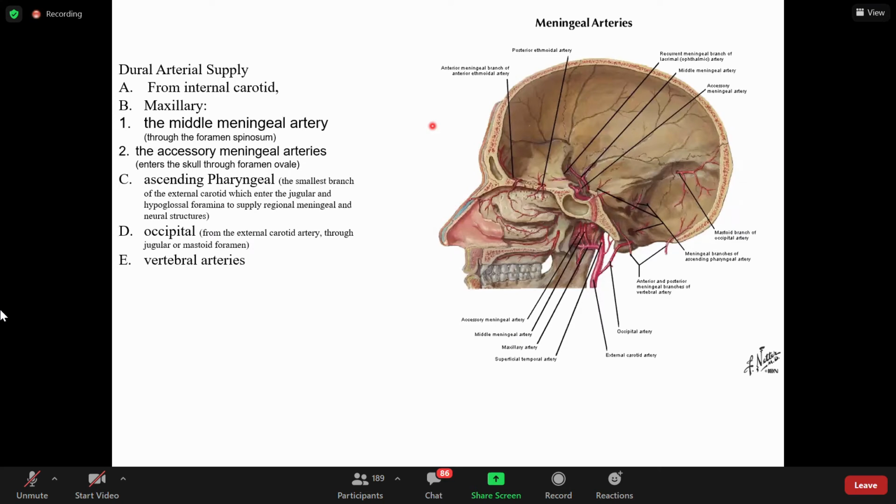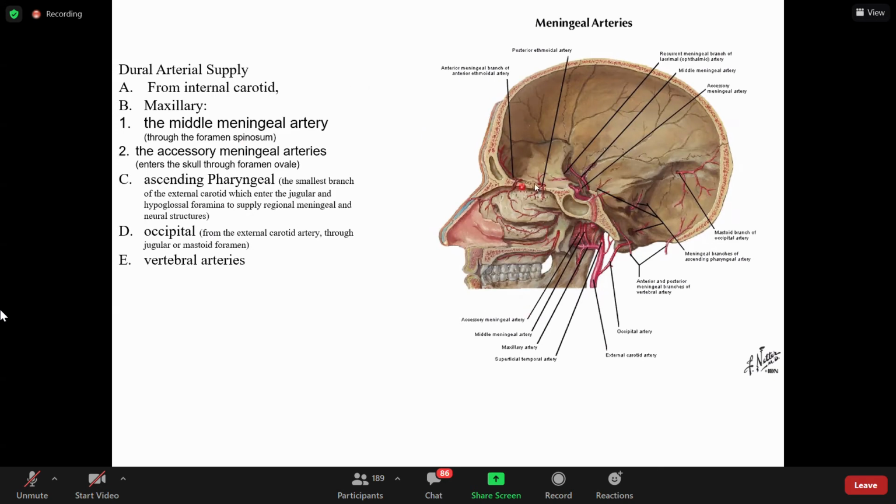Brain is drained by venous sinuses that are present between the two meningeal layers, and eventually they will all drain to the internal jugular vein in the neck. So we're going to postpone that till we discuss the ventricles and meninges. I have a lecture, I guess, week 7, 8, something like that.